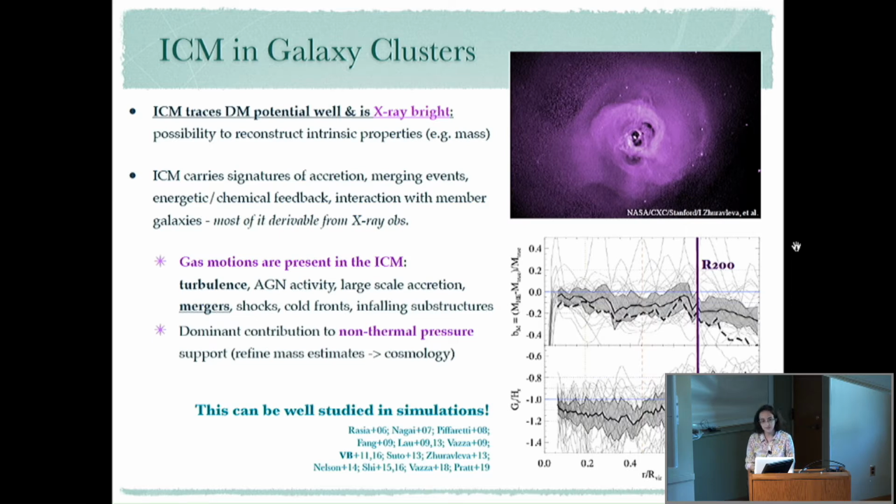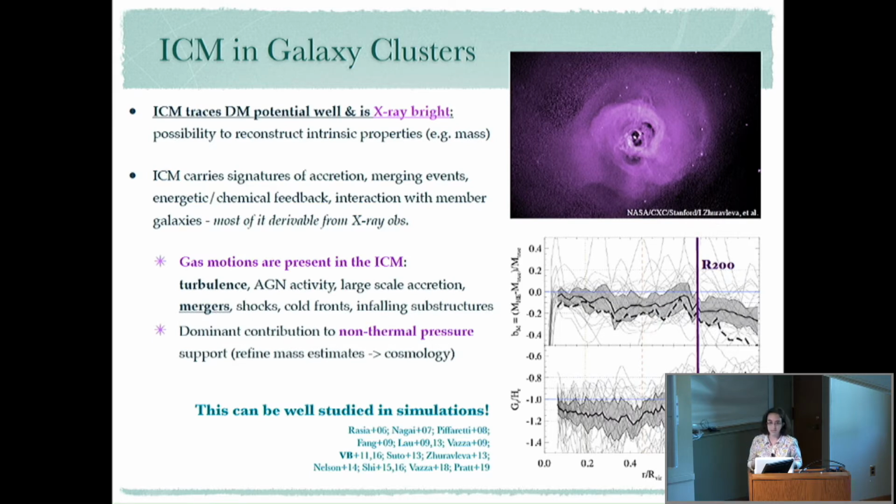The ICM, given its collisional nature, provides us with a lot of information about processes that take place in clusters and drive their formation and evolution. It carries imprints about the accretion from the large-scale structure, about merging events with minor, smaller structures or galaxies, and especially about the feedback, which can be energetic and chemical as well.